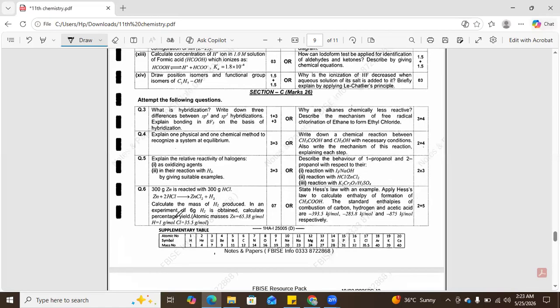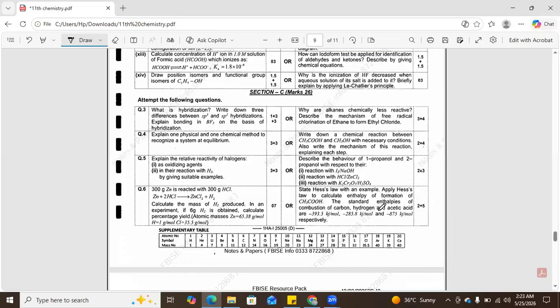They have given you the formula, chemical reaction. Calculate the mass of hydrogen produced in an experiment. If 6 gram hydrogen is obtained, calculate percentage yield. Atomic masses given, these are the atomic masses. Or optional question is state Hess law with an example. Apply Hess law to calculate enthalpy of formation of CH3COOH.